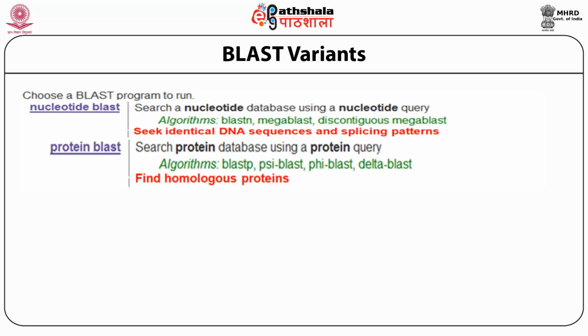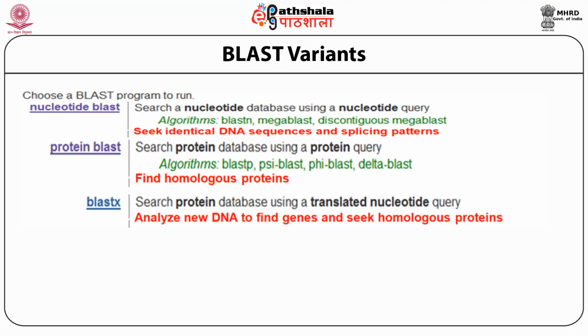A DNA query is used to search a DNA database, and the comparison between the sequences takes place at DNA level. Protein BLAST is selected to find homologous proteins. A protein query is used to search a protein database, and comparison takes place at protein level.